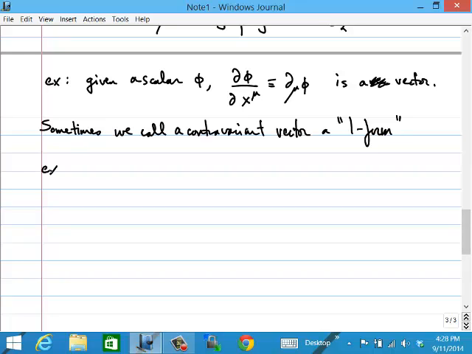So another example of a vector that you all know and love is the electromagnetic field strength. In particular, if you assemble the electrostatic potential and the vector potential of electromagnetism into a 4-vector, then, if you remember from your electromagnetism class, these quantities transform into one another when one does a Lorentz transformation.